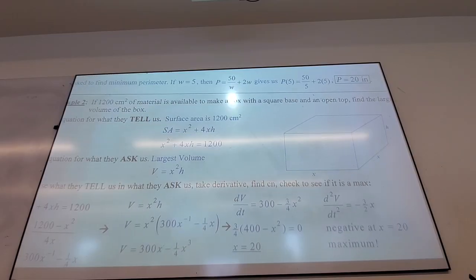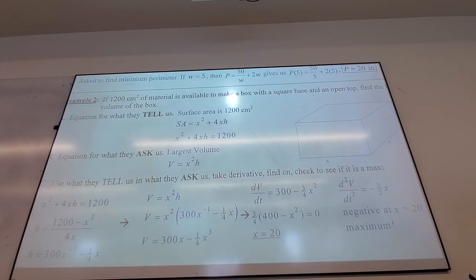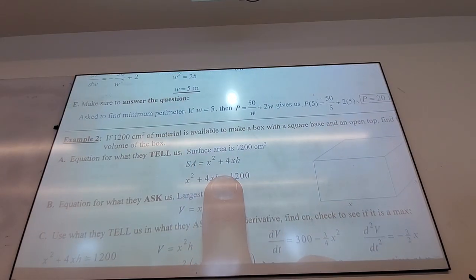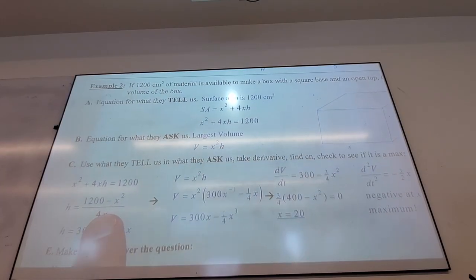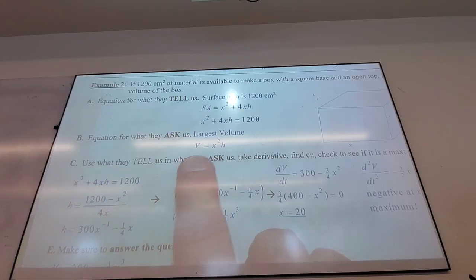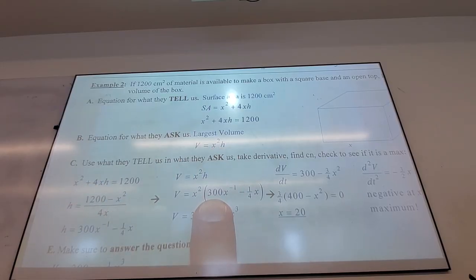Do you see the flow of this problem? They tell me something, I set its equation up. They ask me something, I set its equation up. I use what they tell me to help with what they ask me. I can take this h and shove it in there. Kabam! This is where I simplified it.